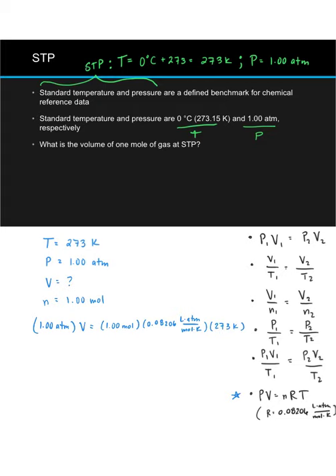All of our units, aside from liters, will cancel. And we should come up with 3 significant digits at the end of all of this. Keeping 3 significant digits, we get this answer: 22.4 liters. That means that our gas, with contents that tally to 1 mole total, occupies a volume of 22.4 liters.